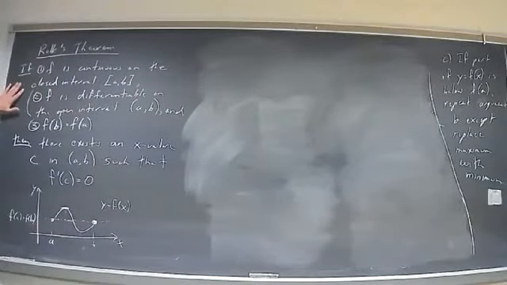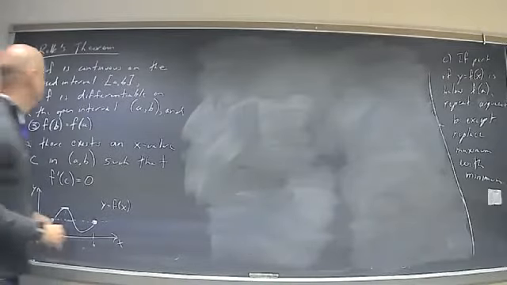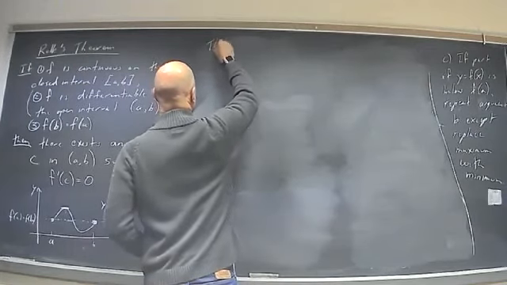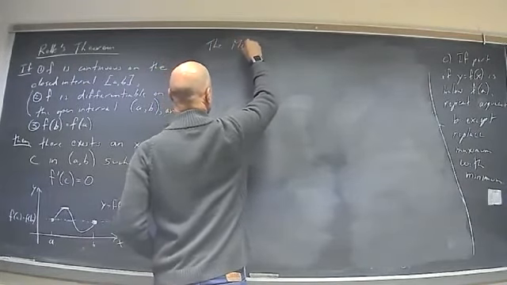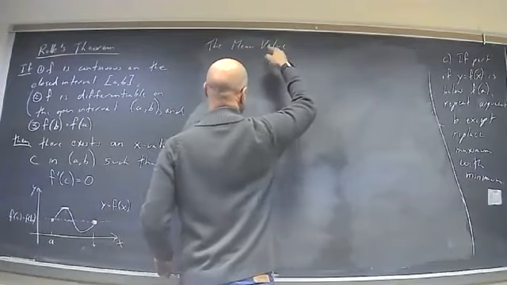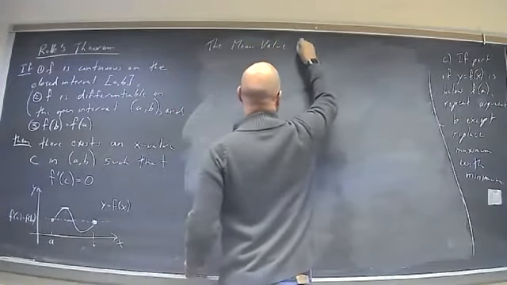So Rolle's theorem, basically, in a sense, we never use. The only thing we use it for is to prove the next theorem. It's called the mean value theorem.